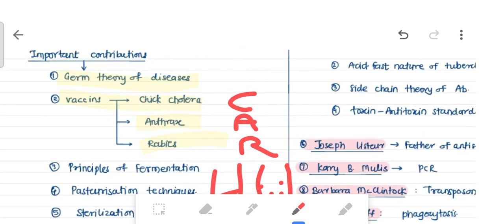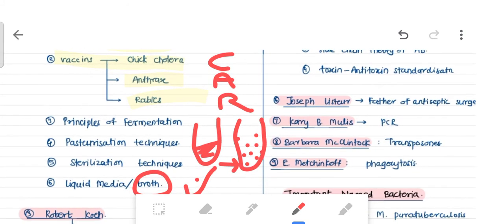He gave the germ theory of disease, vaccines like the CAR vaccines, cholera, anthrax, rabies, the principle of fermentation like lactose fermenter, lactose non-fermenter, maltose non-fermenter, the pasteurization technique, Holder method, flash method, autoclave, hot air oven, and the sterilization technique. It is a part of pasteurization, and the liquid media was also identified by Louis Pasteur.